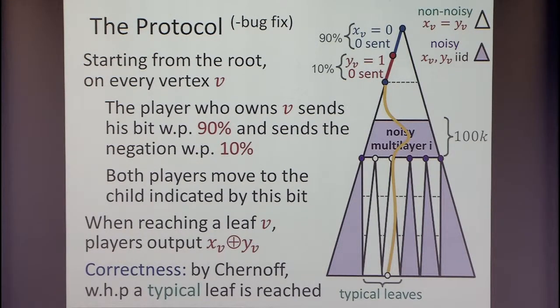And the easy part is showing correctness. It's easy to show that this protocol computes the function with high probability. And the reason is that by Chernoff bound, we're very likely to reach a typical leaf. The reason is that we're going 90% to the right direction.